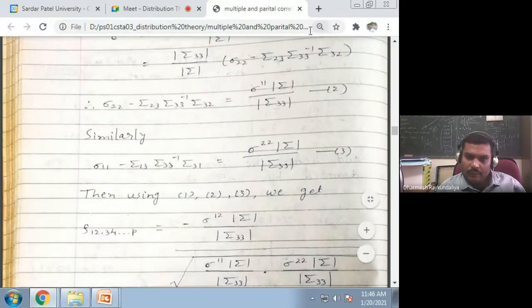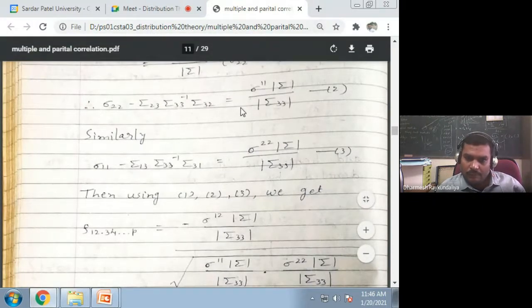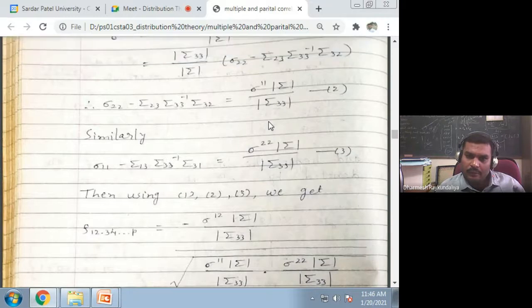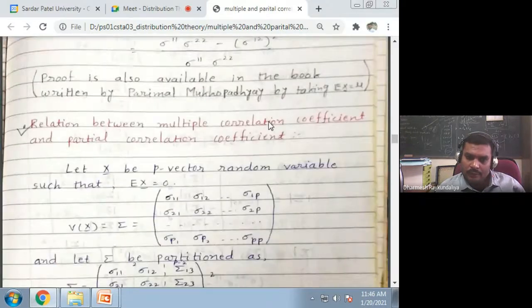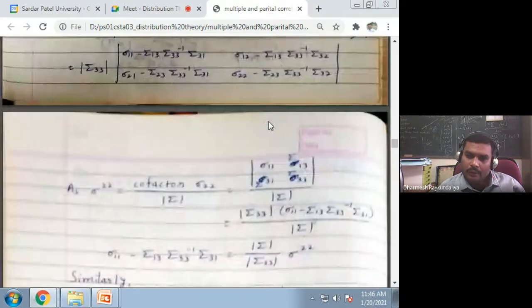Sigma 1 1 you can write as, if you take this side, sigma 3 3 upon sigma into this quantity, and similarly we can have sigma 2 2. So just substitute this directly, no need to obtain it again.